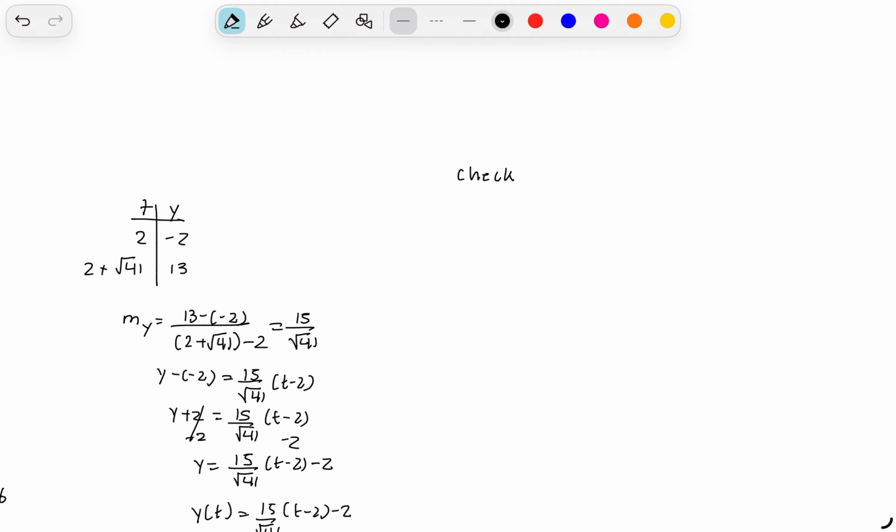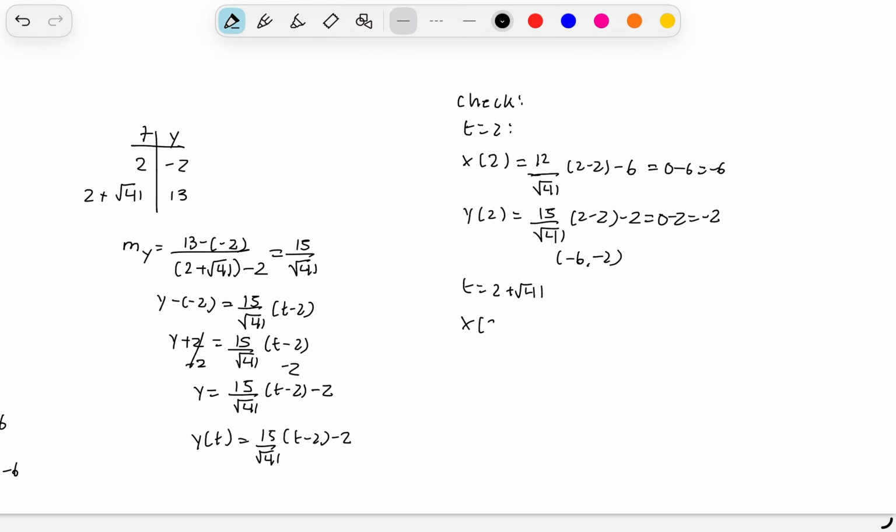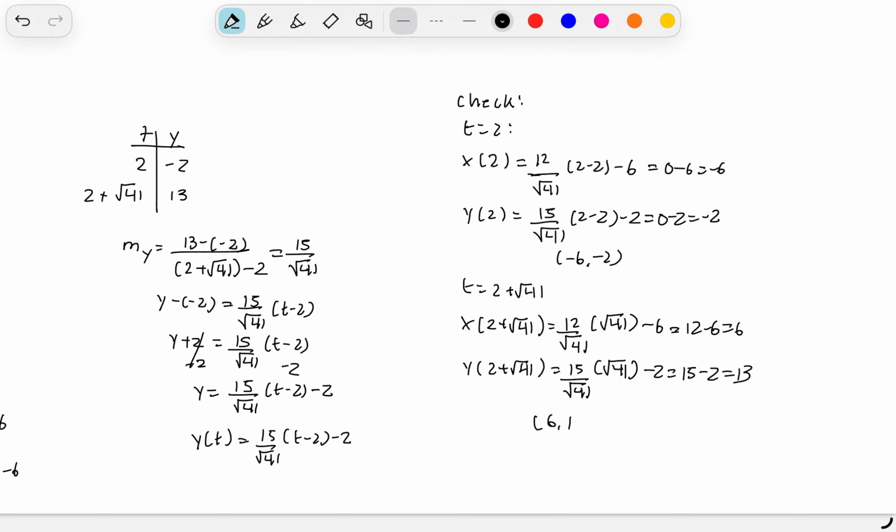So we can check these by checking when t is equal to 2. So we get the same points.